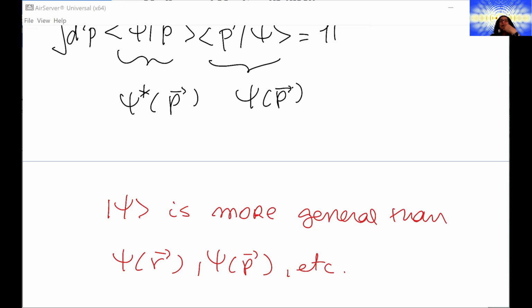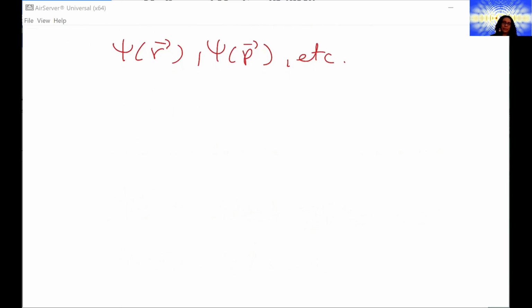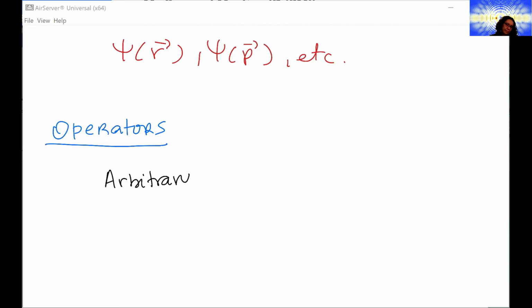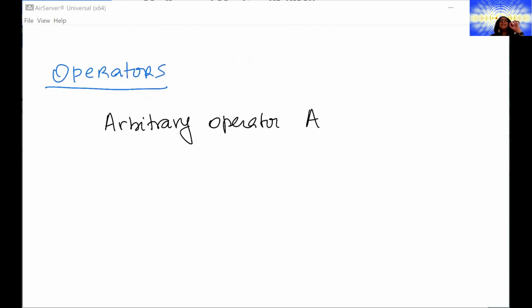And if you define operators, we can also show, so let's talk about operators in this basis. You can also show using the expression we had for a continuous basis. Let's say we get an arbitrary operator A. I'm going to write this in the position and in the momentum representation.